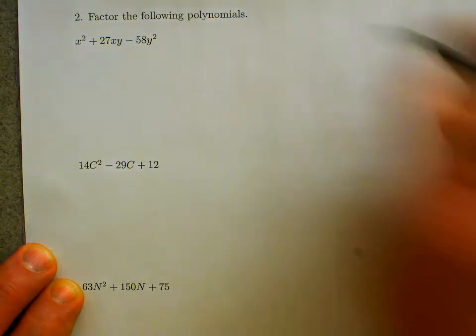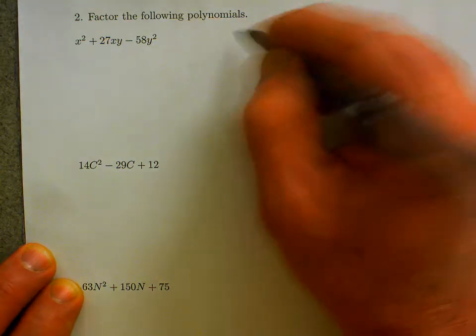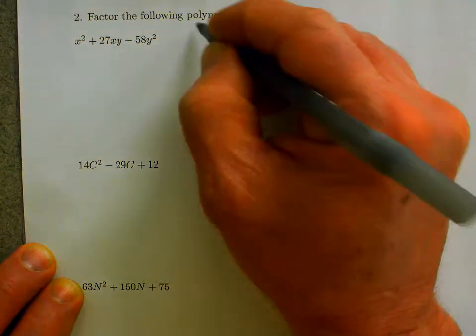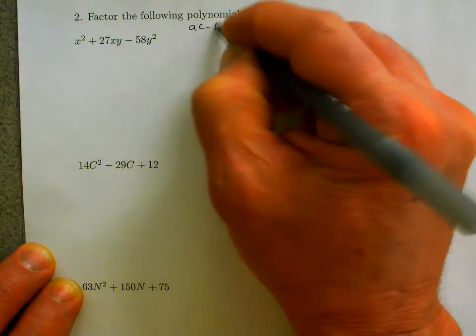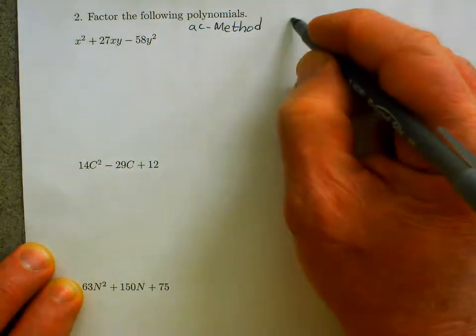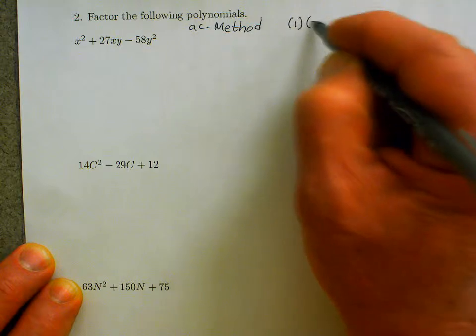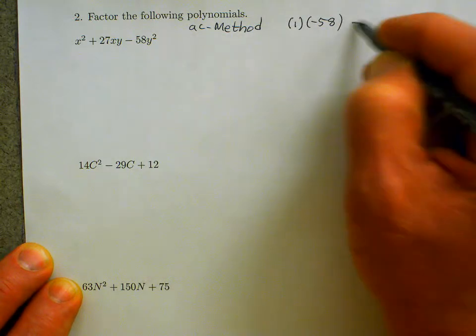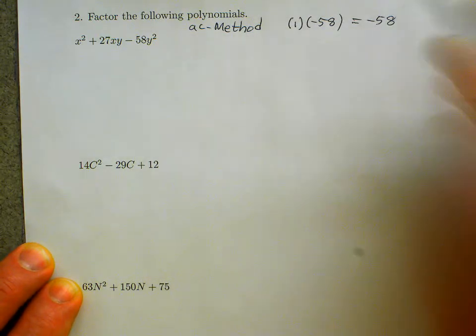So when we apply the AC method, we multiply the coefficients, 1 times negative 58, to get negative 58.